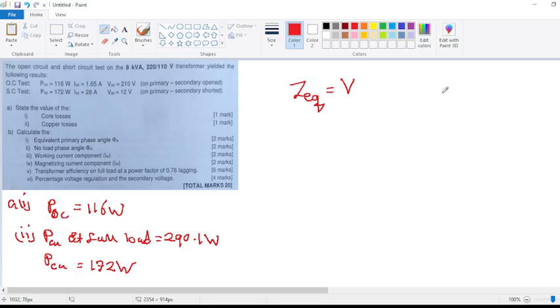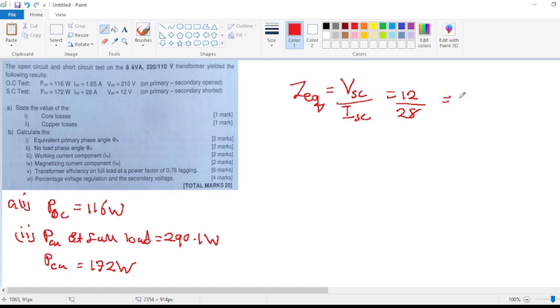So the impedance is equal to the voltage of the short circuit, which we've been given as 12 volts, divided by the current, which we've been given as 28. If you divide 12 by 28, you're going to have 0.428.